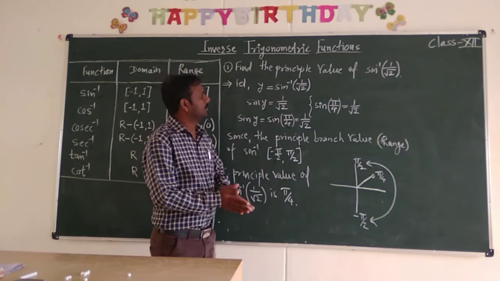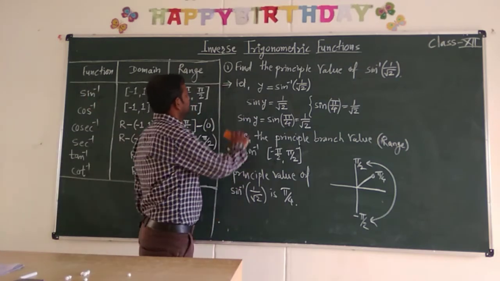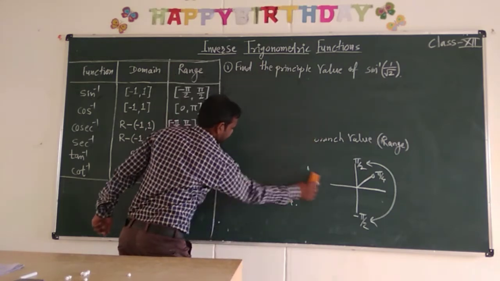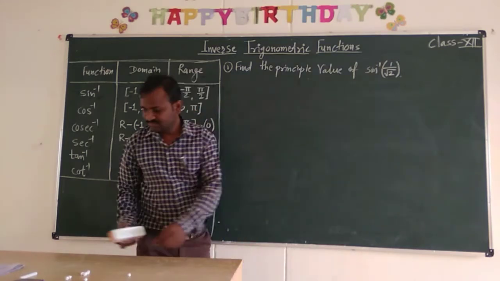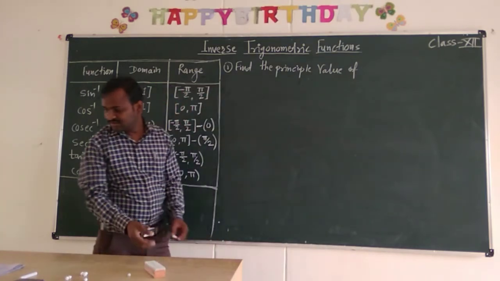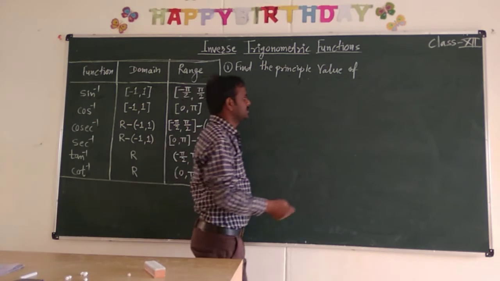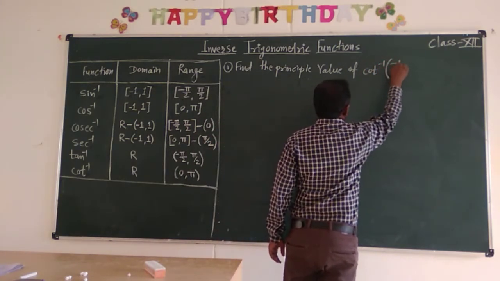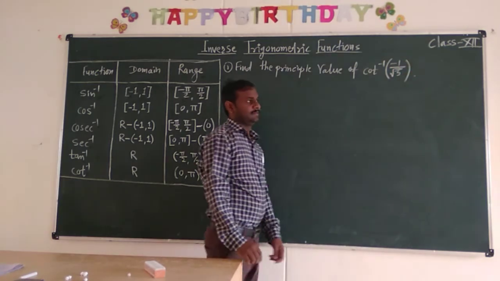Now we take another example. Find the principal value of cot inverse minus 1 by root 3.